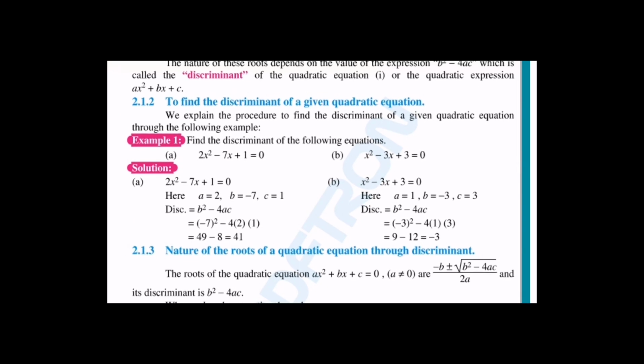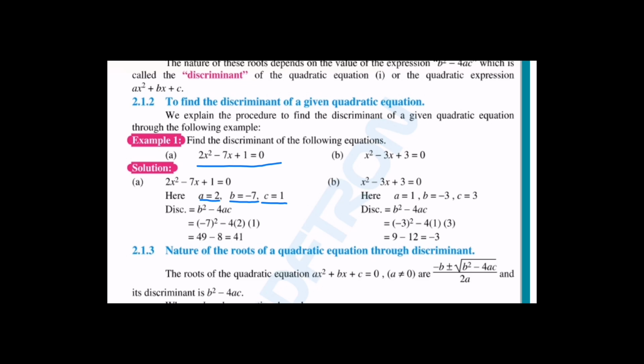Now in example 1, find the discriminant of the following equations. 2x² minus 7x plus 1 is equal to 0. Here the value of a is equal to 2, the value of b is the coefficient of x, minus 7, and the value of c is the constant, which is 1.